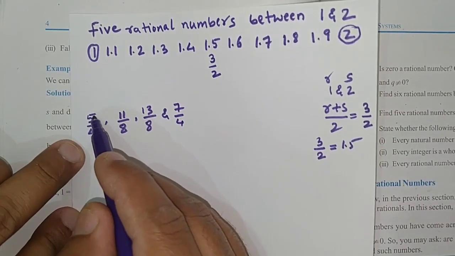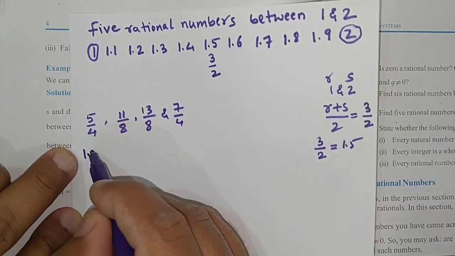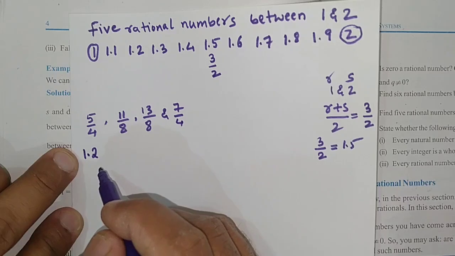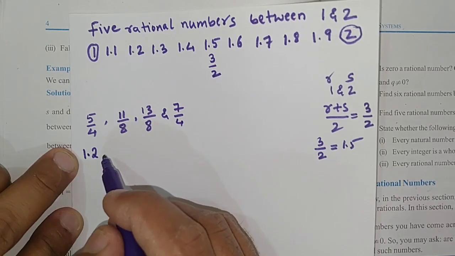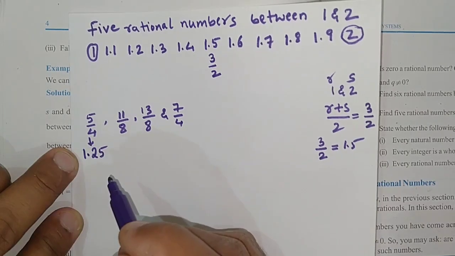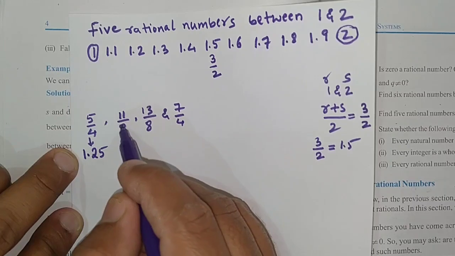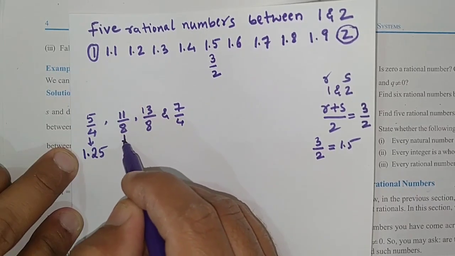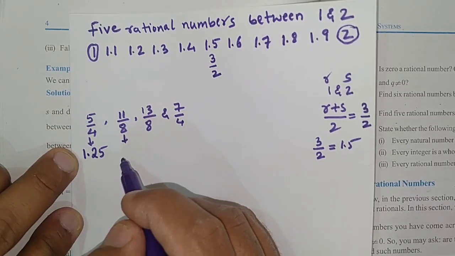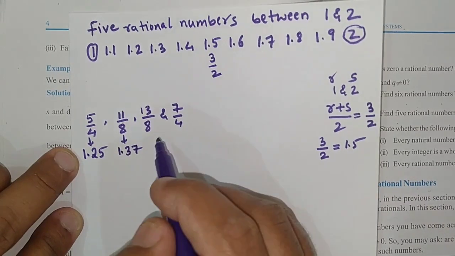If you divide 5 by 4, you will get 1.25. If you divide 11 by 8, you will get 1.37.